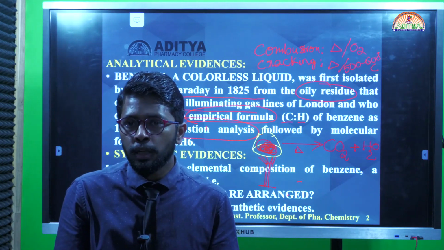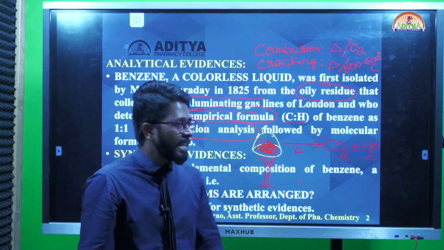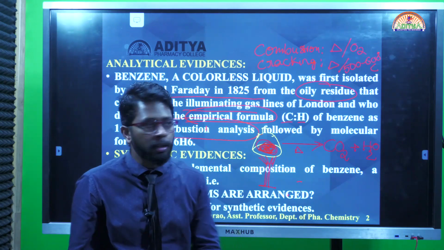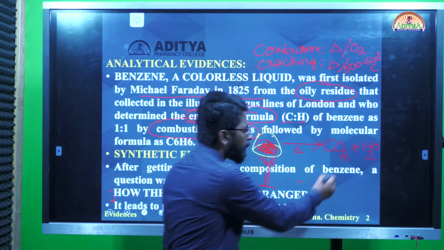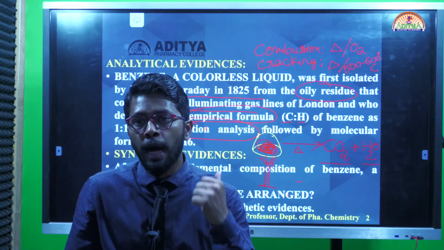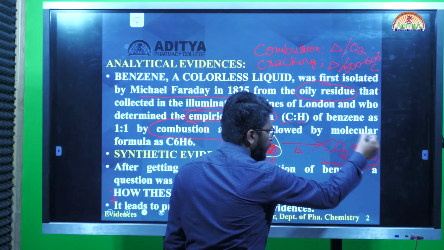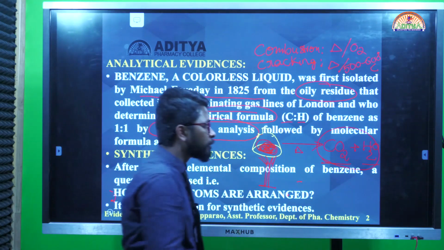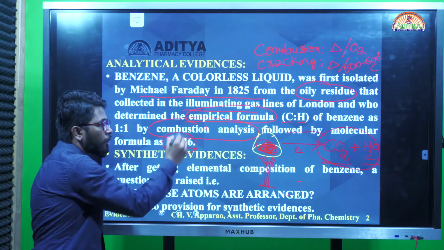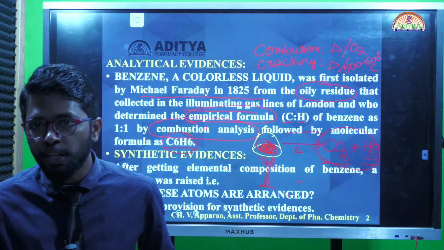Any type of organic compound, if you conduct the combustion process in the presence of oxygen at a higher temperature, results in the formation of carbon dioxide and water, based on the composition of the sample itself. Based on the ratios of these products, the molecular formula of benzene is confirmed as C6H6, and the empirical formula is identified as a 1:1 ratio.